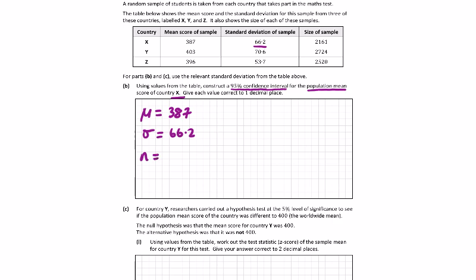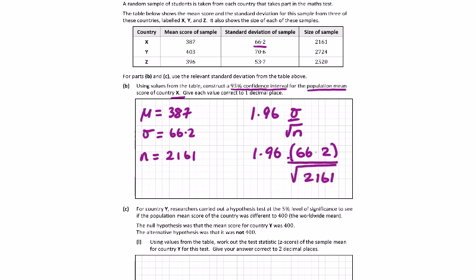We have a sample size here, 2161. So for the population mean, we need to multiply 1.96 by sigma over root n to get the margin of error. So 1.96 by 66.2 over the square root of 2161 is going to give 2.8.